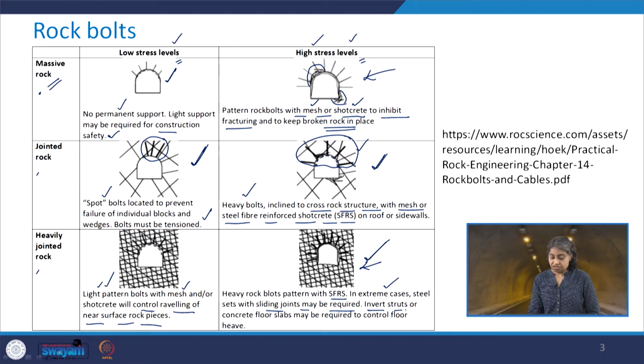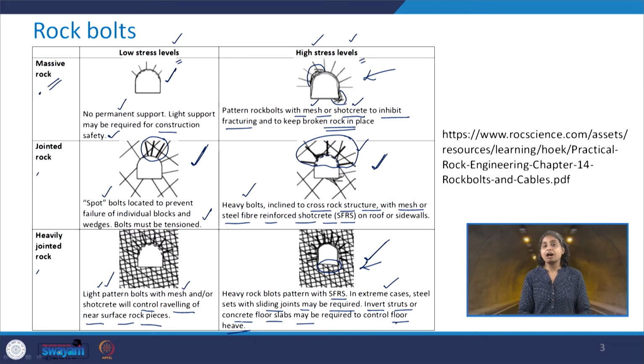Then invert struts or concrete floor slabs may be required to control the floor heaving, because in this situation you can see that some heave is there. So to control this floor heave, one needs to go for invert struts or concrete floor slabs.